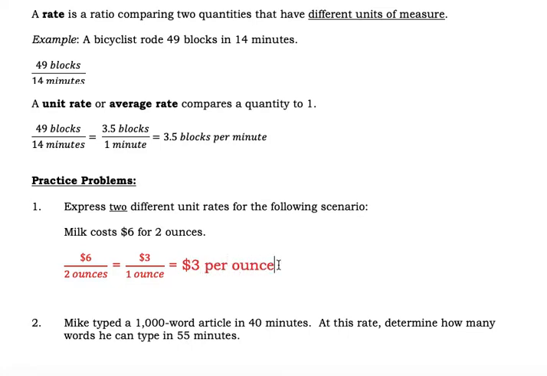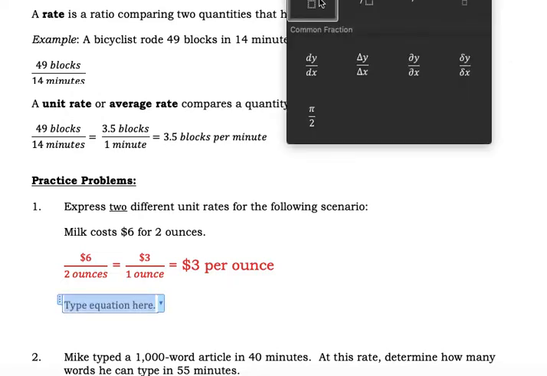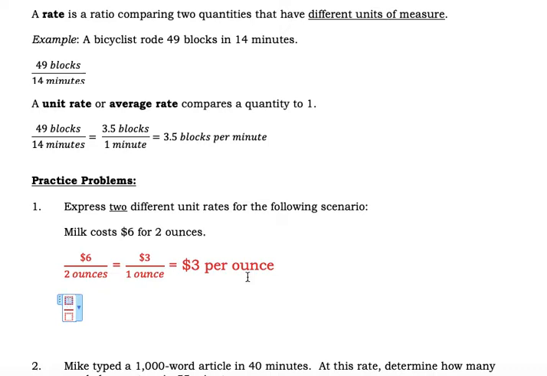Now, depending on the scenario, sometimes you can divide in either direction. So I divided 6 by 2 to determine the unit rate. I can also divide 2 by 6, and that will tell me a different type of rate in the scenario.